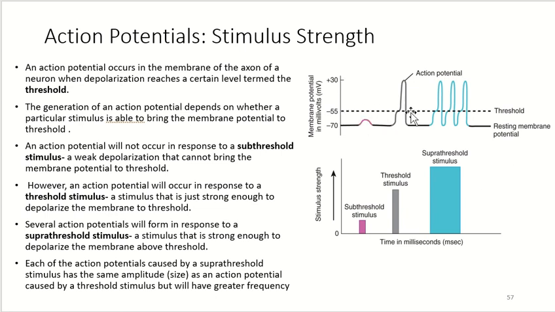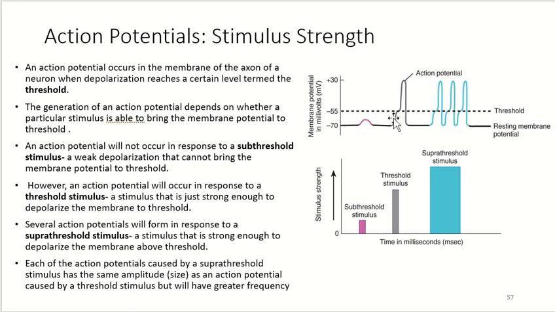So this is the level to which a neuron needs to be depolarized in order for an action potential to spark up, all right? So the generation of that action potential is going to depend on whether a particular stimulus is able to bring that membrane potential to threshold, right?